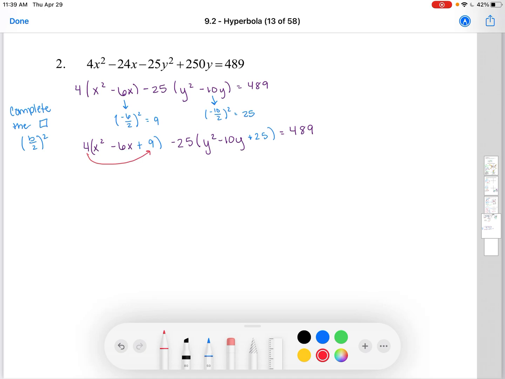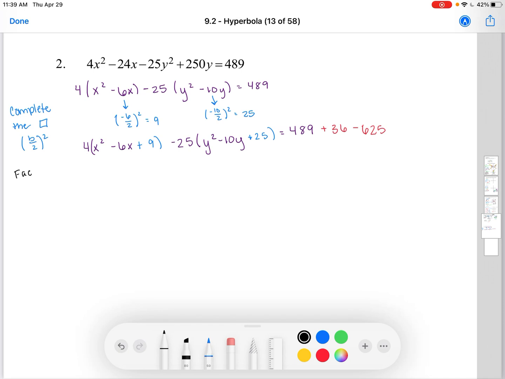So I didn't really add a 9, I technically added a 36 when I have that 4 out front. And I also technically added negative 25 times 25. I added a negative 625 into the picture. So I have to be sure that I also do it to the other side. Whatever I do to one side, I have to do to the other side. Every single time.